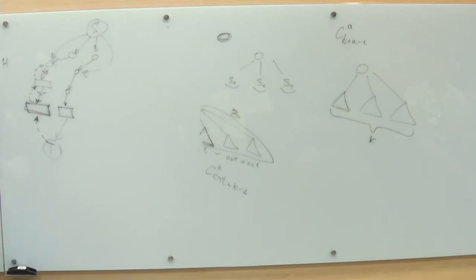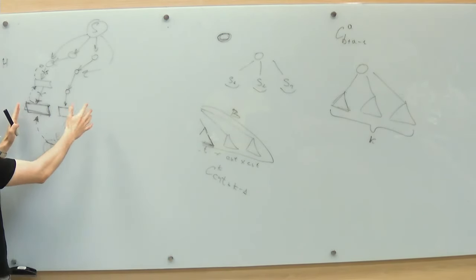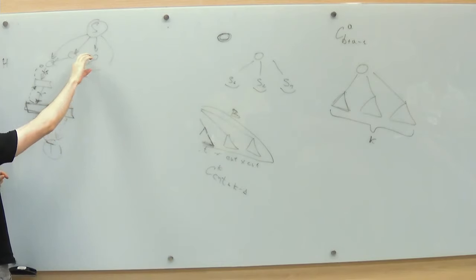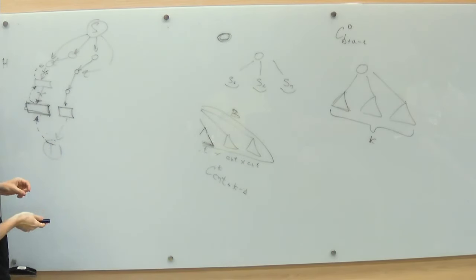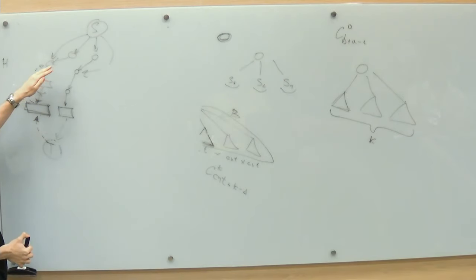And you can notice that the order of which path we look for first does not influence the result. If we had this problem, we can find this path first or this path first, and it does not influence the possibility to find the second one.